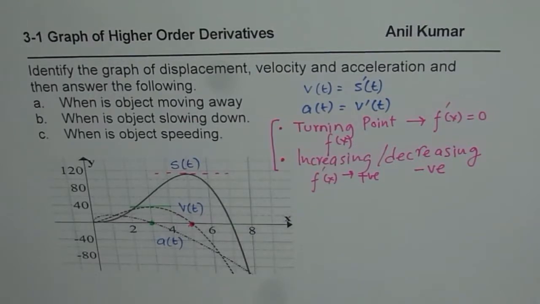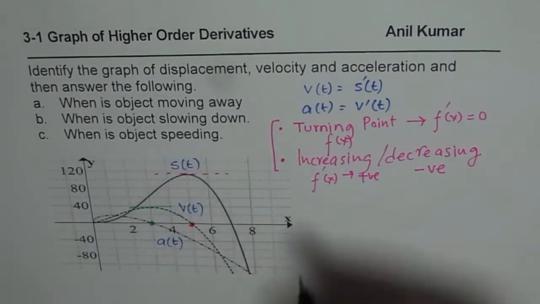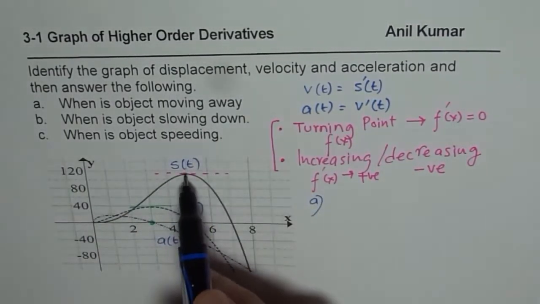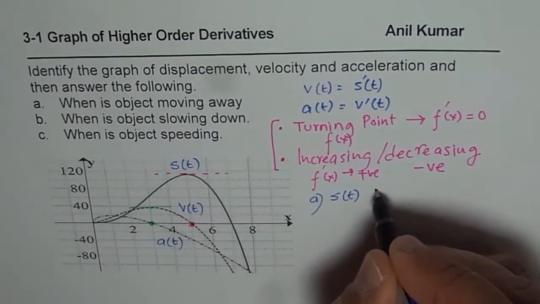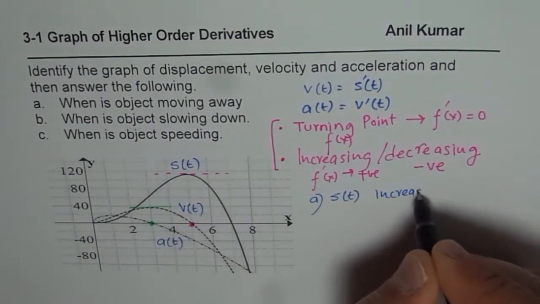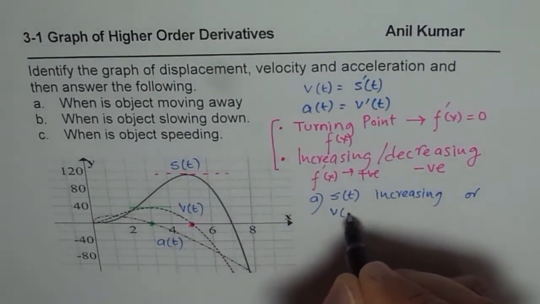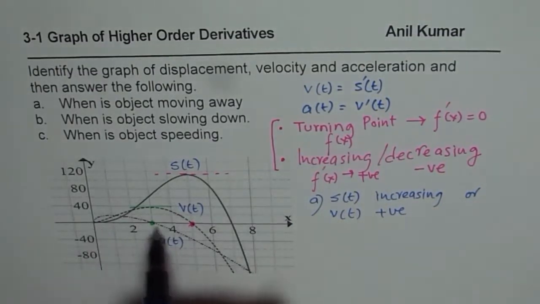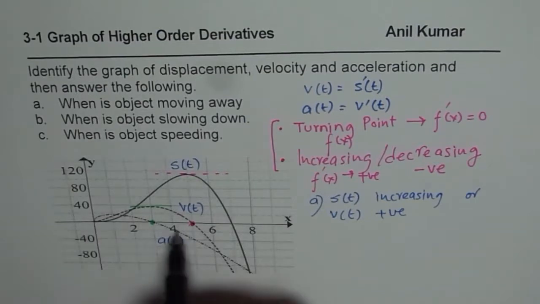Now let's look into the questions. When is the object moving away? So part A, moving away: you can say the displacement graph is increasing. We see s of t is increasing. That is one way. Another way: v of t is positive. So clearly from both we get the answer, and the answer is from 0 to 5.